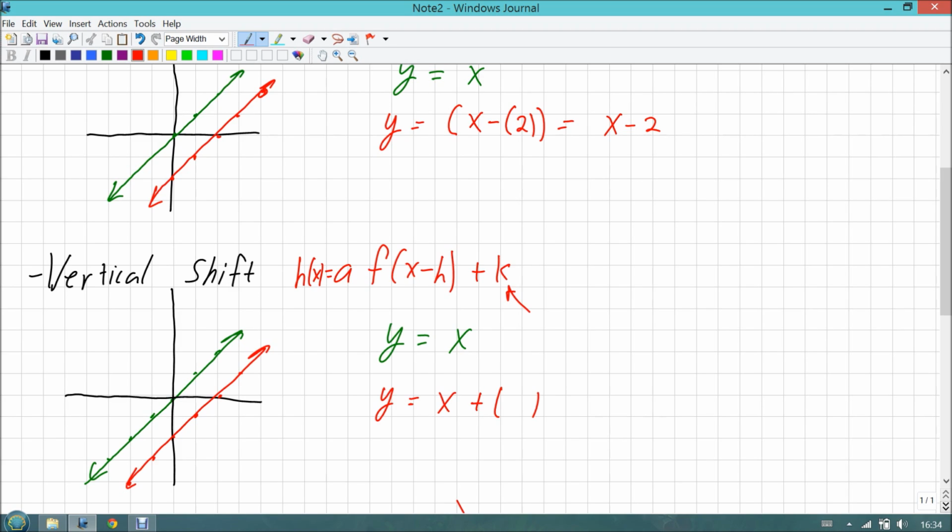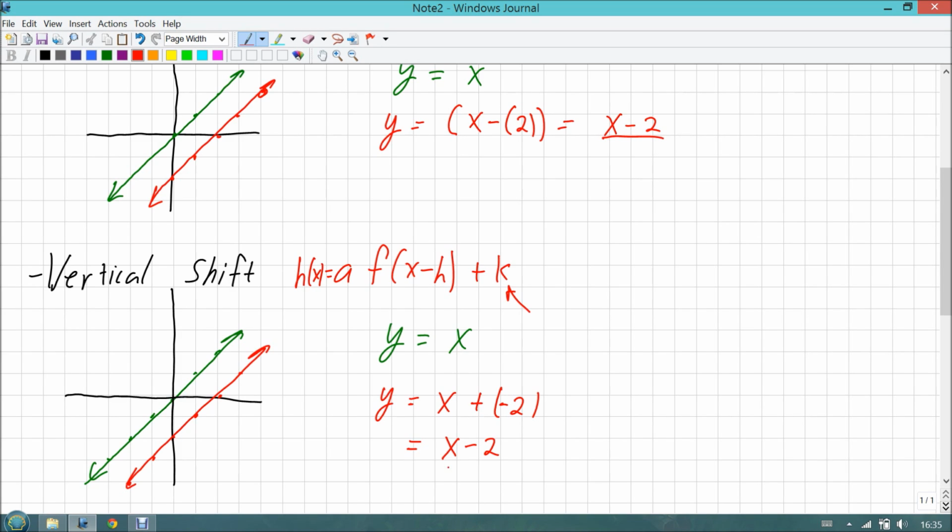If we're going up, it's a positive. If we're going down, it's a negative. And then we tell how far we go. So by saying that we went down 2, we would have a negative 2. Now, doing some fancy arithmetic, we end up with x minus 2.